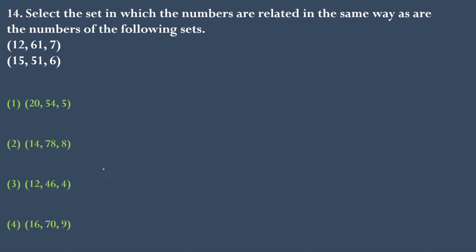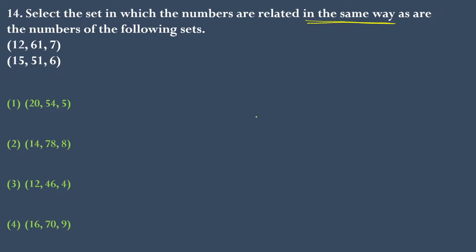See the question here. 12, 61, 7. 15, 51, 6. So what is the question? Select the set in which the numbers are related in the same way as the numbers in the following sets.